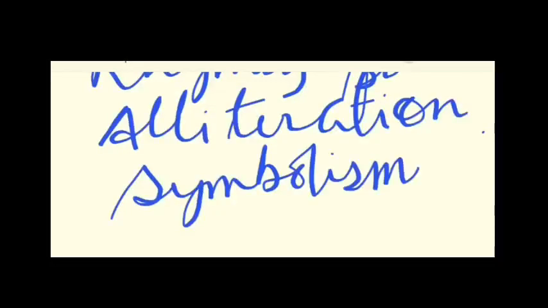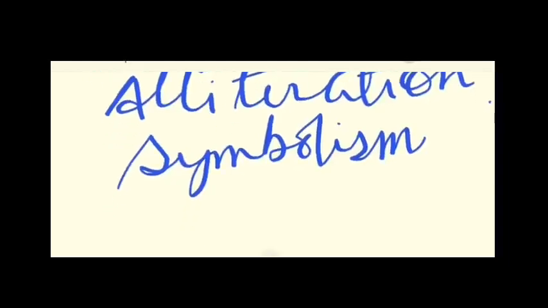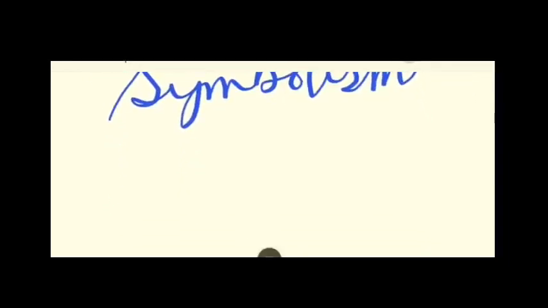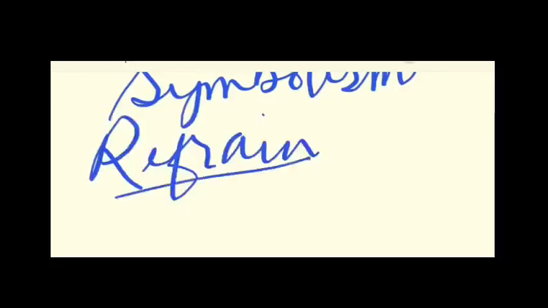One more literary device that occurs in the poem quite evidently is called refrain. Okay. Now refrain, what is refrain? It might be a new device for you. Refrain is nothing but a kind of repetition.